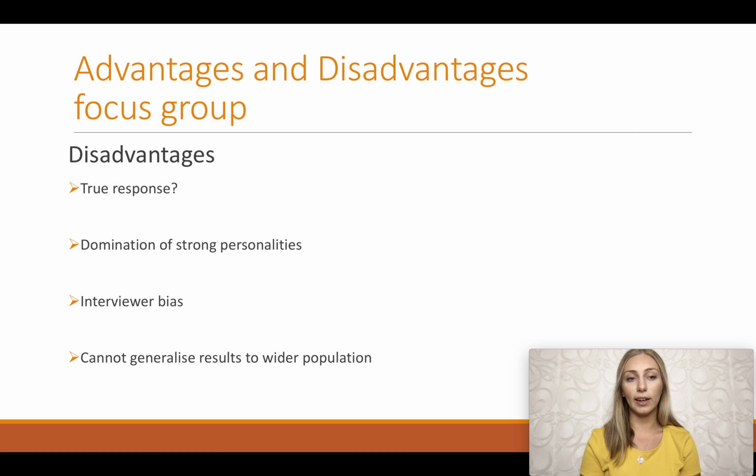Domination of strong personalities. If you have an extroverted personality in your focus group, they are more likely to dominate the conversation. Therefore, the facilitator does need to try and get everyone involved rather than just one or two participants.